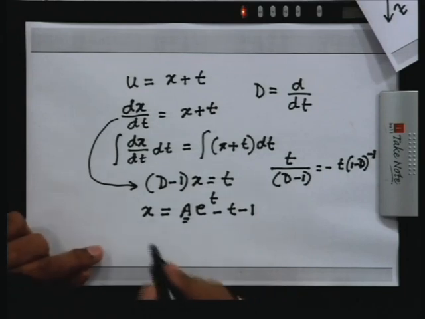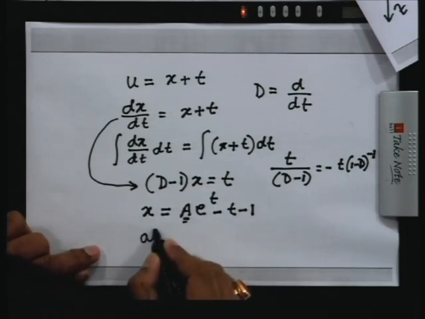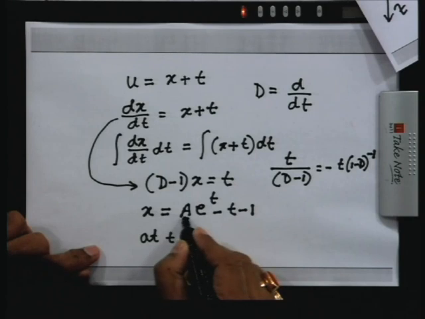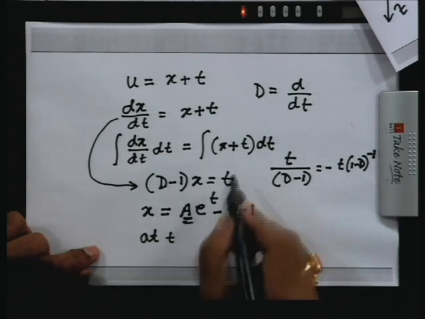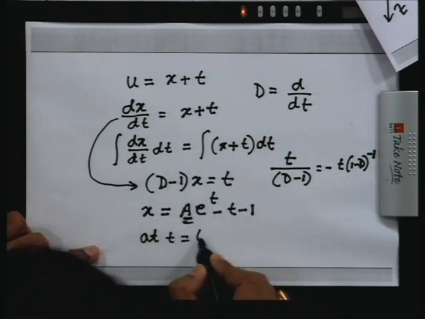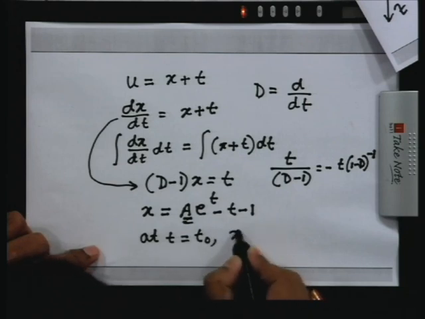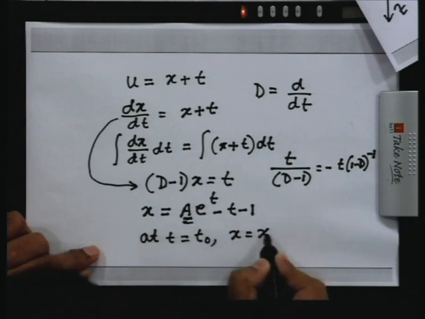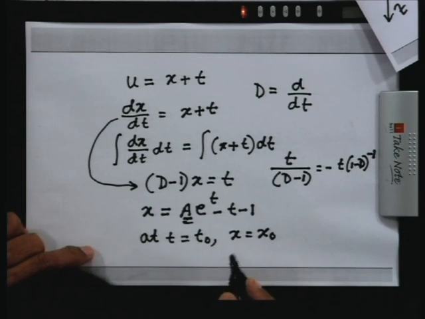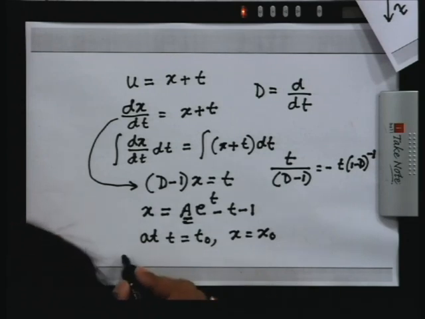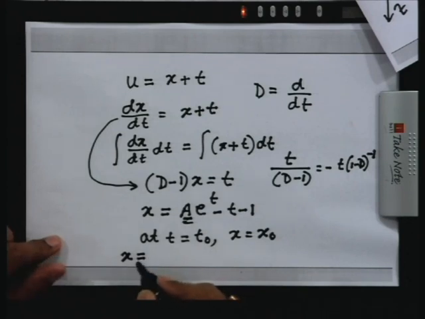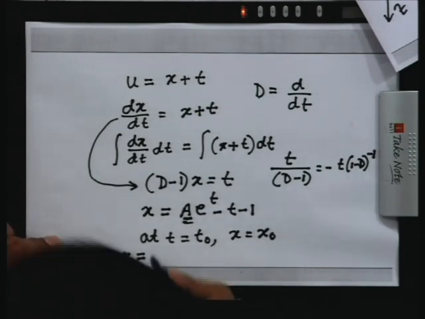Now, if you put the initial condition in this equation, because we have to find the value of a in terms of the initial condition, t is equal to t0, x is equal to x0, and if you put that, you finally get the expression. What is the final equation? x is equal to x0 plus t0 plus 1.